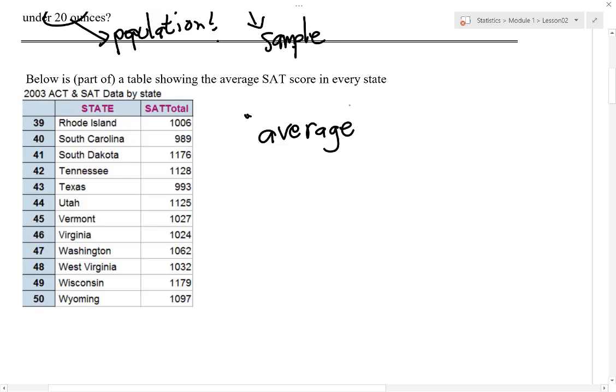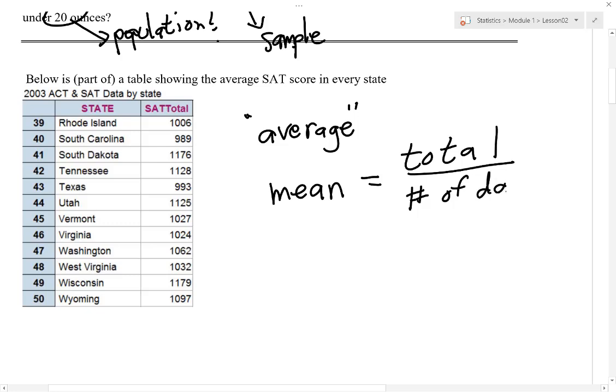When we talk about the average, we're generally talking about the mean. The mean is the total of all the numbers divided by the number of data points. So in this case, you would add up all these numbers and divide by 50. That's what we mean by average right now.